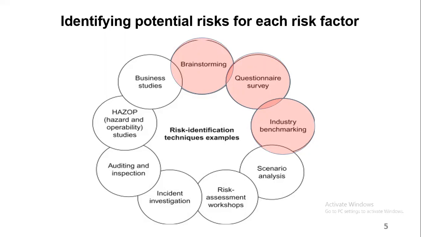Since you are not aware of some of the risks in SX, because this is the first time it's done, you can actually benchmark with another industry, like the petrochemical industry. You can go to those oil refineries and review what risks they have there, and they can give you some hints. That way, you are benchmarking the petrochemical industry against your solvent extraction mining industry. Just an example. It depends on the project you're working on.